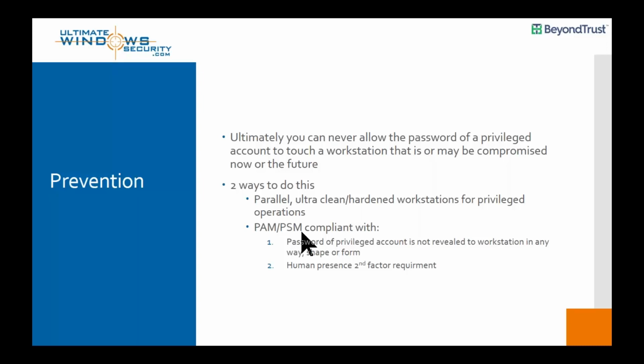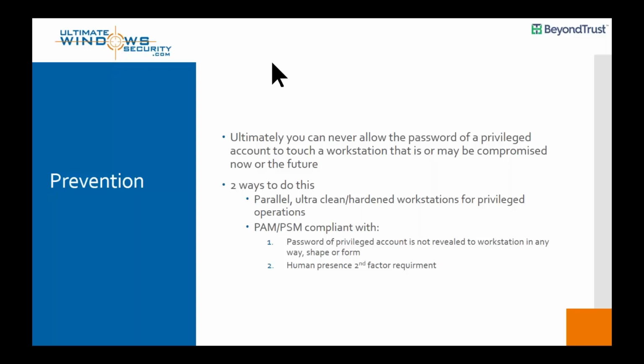Okay, so let me repeat that again. Well, let me give you an example. Maybe you use Duo authentication or anything else that sends a push notification to your smartphone, and there you have to say, yes, I approve. That is a human presence second factor of authentication. Here's another one.